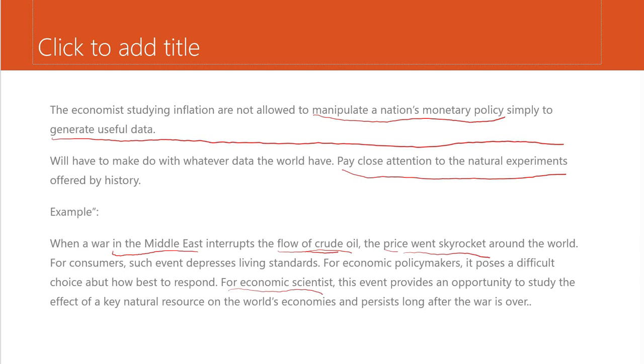So sampai sekarang masih tak pulih 100%. So for economic scientists in this event, memberikan mereka masa, memberikan mereka cukup information for them to study what happens if this incident berlaku with relationship kepada ekonomi negara.